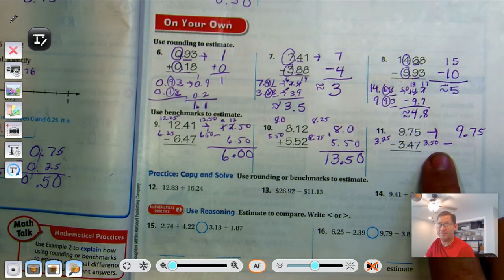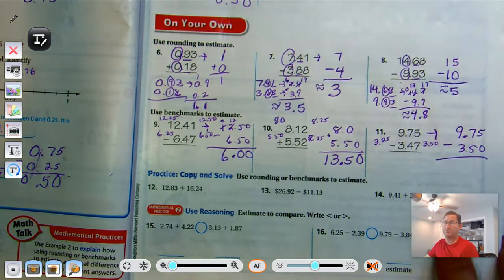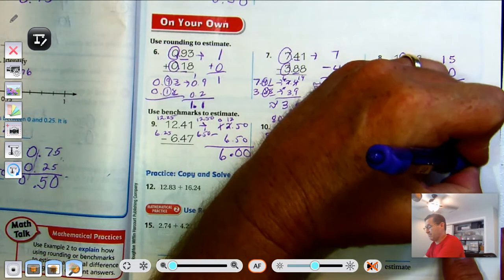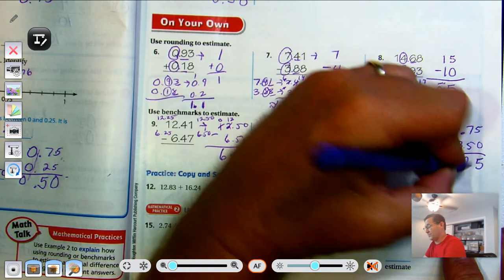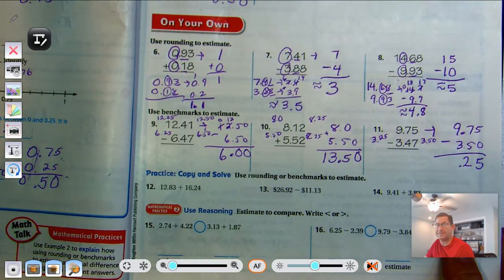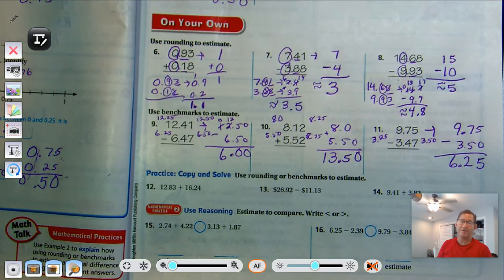It's closer to 3 and 50 hundredths. Subtract 5 take away 0 hundredths, 5 hundredths. 7 tenths take away 5 tenths, 2 tenths. 9 ones take away 3 ones, 6 ones. 6 and 25 hundredths. All right, number 12.